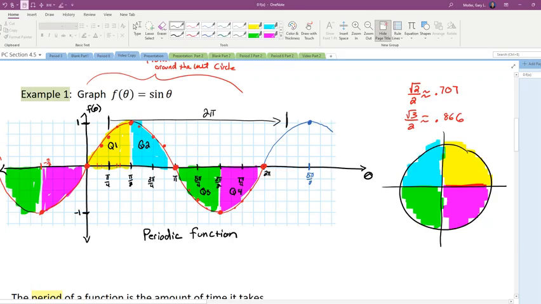So I just picked a random spot. If I took this top part and counted over 2 pi, we would be at the top part again. If we count over from 0, yes, I hit another 0 at pi, but I'm not repeating my graph yet. I'm repeating my graph when we get to 2 pi. So from any point, you add 2 pi to it, and you're just repeating, and that makes perfect sense if we just think about 2 pi being wrapping around the circle one time.